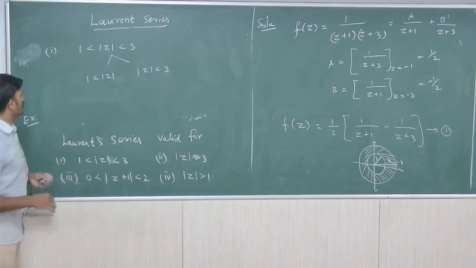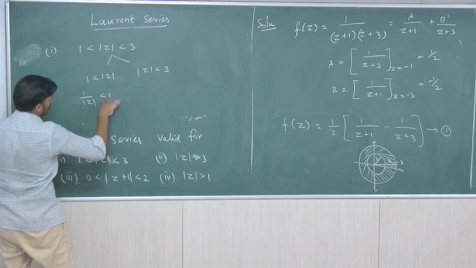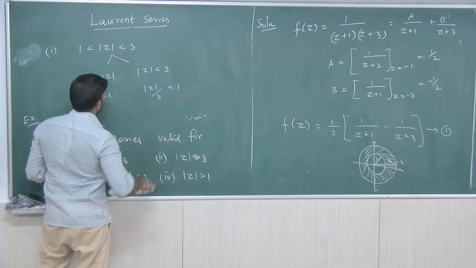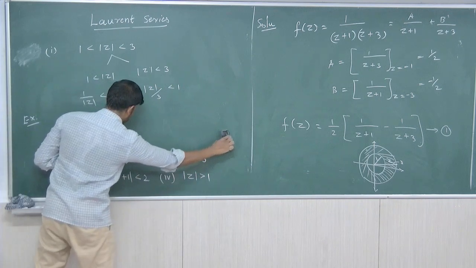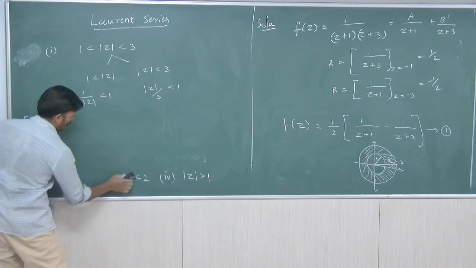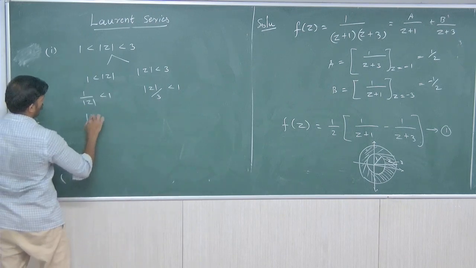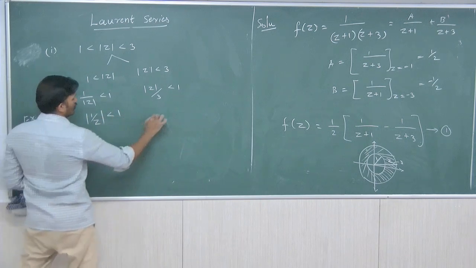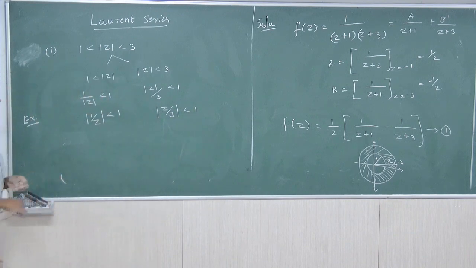From that I am going to rewrite this term as modulus z divided by 3 less than 1. Simply you can rewrite this term as modulus 1 by z less than 1. Here also you can rewrite z by 3 less than 1.